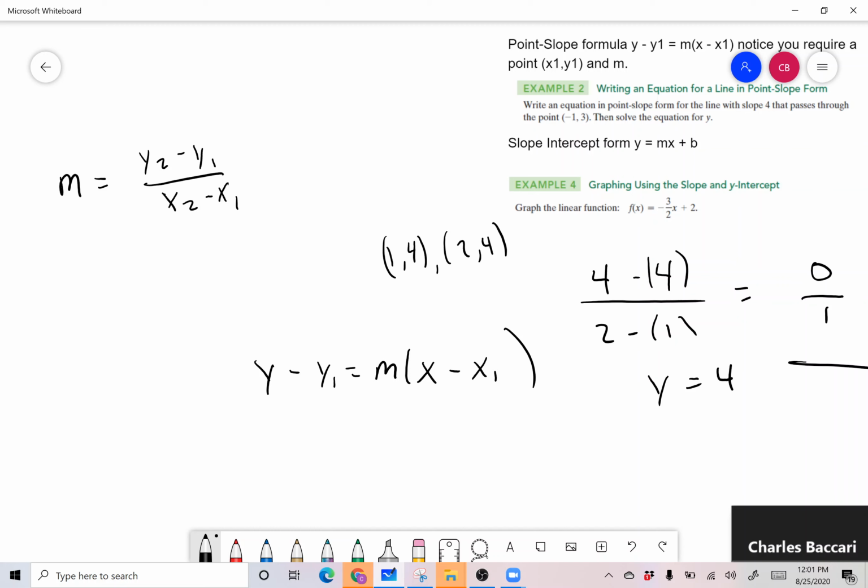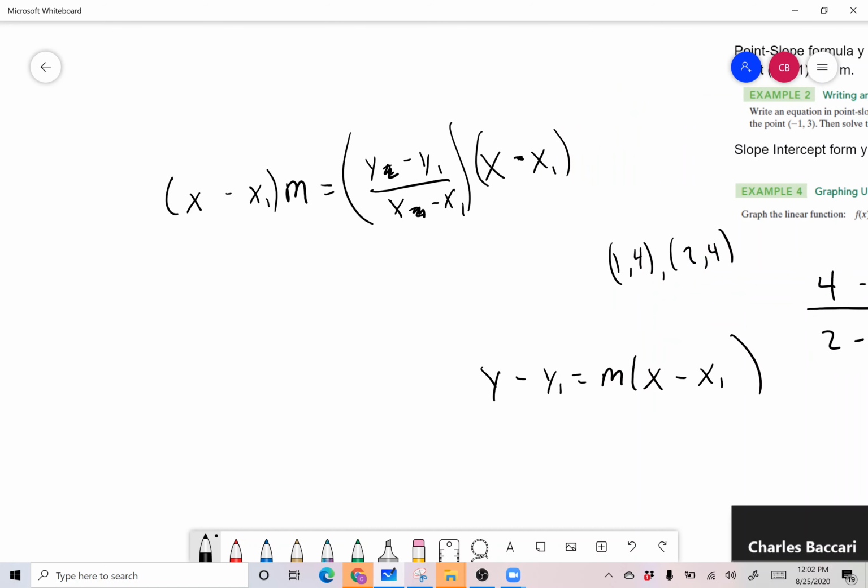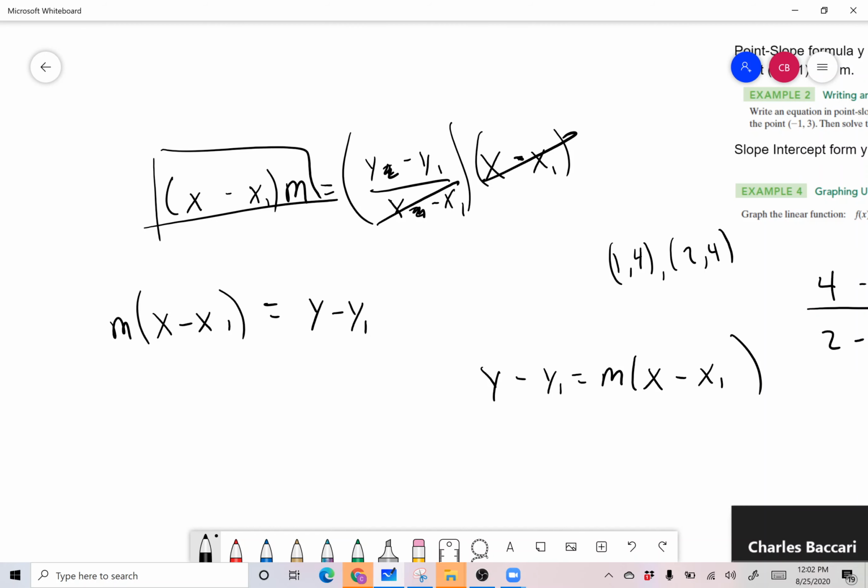All you have to do is call this x, call this y, multiply both sides by x minus x1. That should be minus. So this cancels with that. That becomes that. And now you have (x minus x1) times m is equal to y minus y1. And so you have that same formula we're looking at.